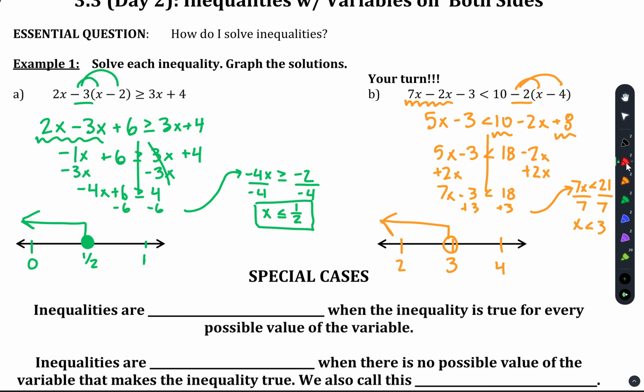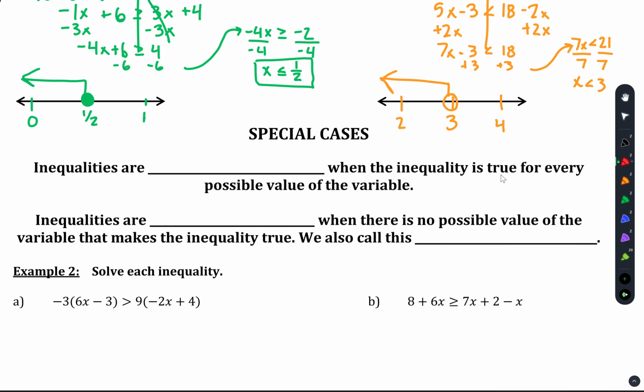All right. We do have 2 special cases, though. Let's talk about what those special cases look like. Number 1, inequalities that are always true. This is when the inequality is true for every possible value of the variable. So no matter what number I plugged in for x, I would get a true statement.